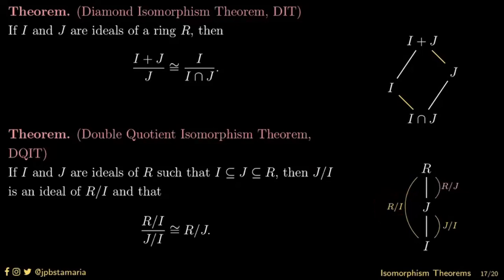Well, itong theorem na ito only says na wala ka namang mapapalang bago when you take quotients of quotients. Kasi when you take the quotients of two quotients, it's nothing but another quotient of R, namely R modulo J. Kumbaga, hindi bagong structure yung magagawa mo when you do quotients of two quotients.